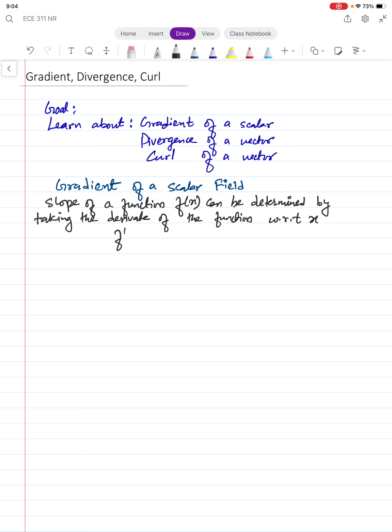This slope is defined as the derivative of the function with respect to x. And you recall slope is the measure of the change in the function when x changes by a small infinitesimal increment, that is del x. Right, so that is the slope.